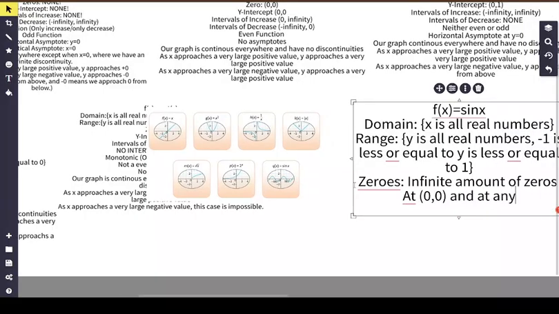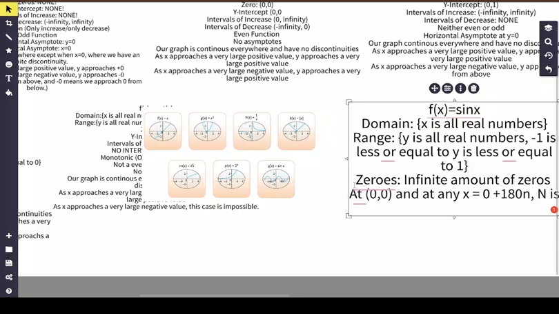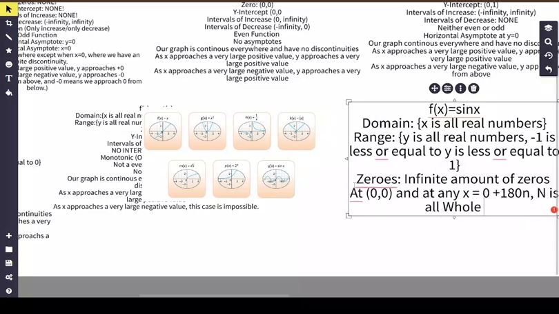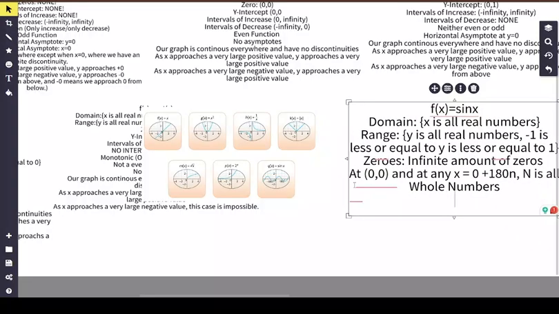And at any x equal to 0 plus 180 n, where n is all whole numbers. It could be -1, -2, 3, 4, whatever. As long as x is equal to a multiple of 180, we will have a 0.